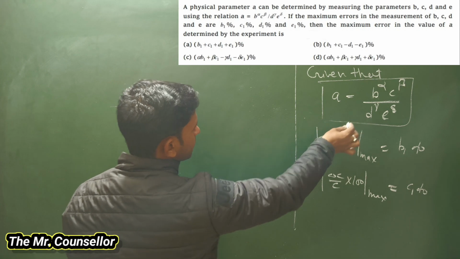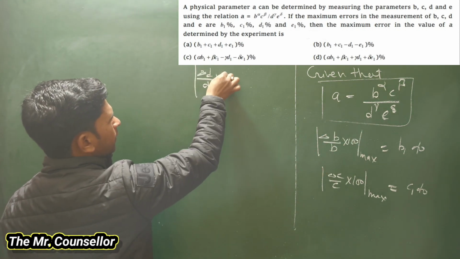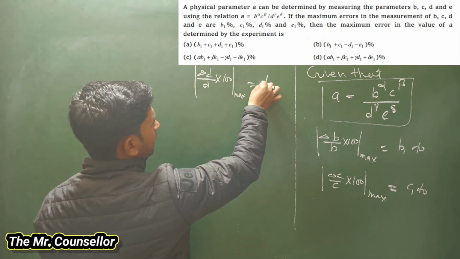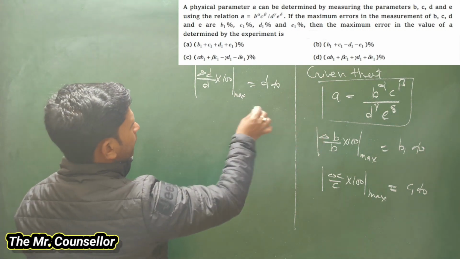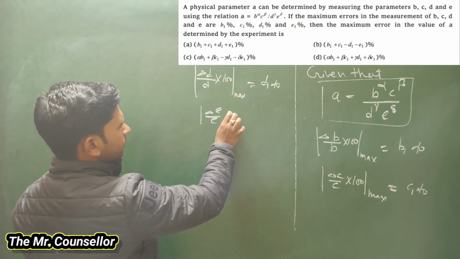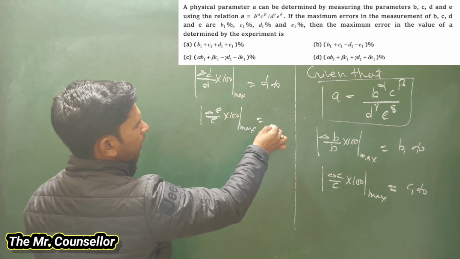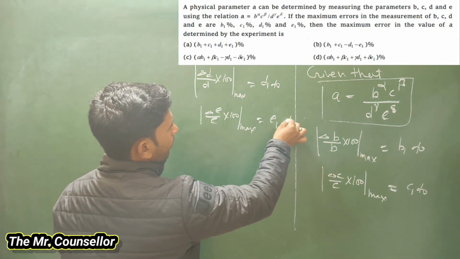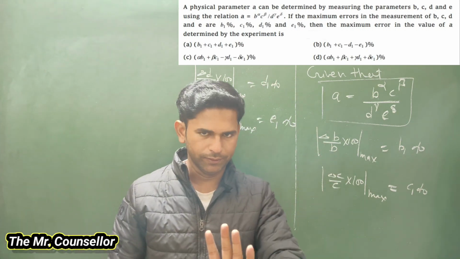After this, measuring d also, del d over d maximum is given as d1%, and for e, del e over e maximum is given as e1%. Is it okay? These things are given.